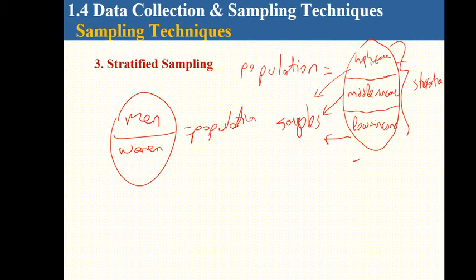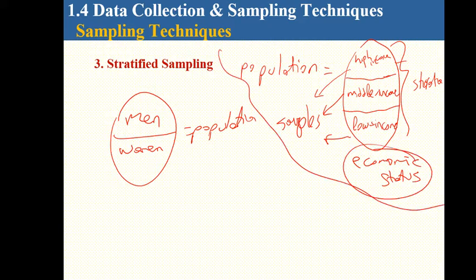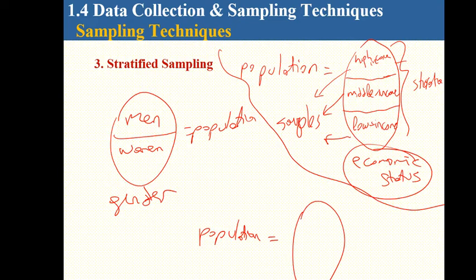Here, this is economic status, that's the characteristic in making the groups or the strata. And here the men and women, this is the gender. And you can divide the population into this type of strata.